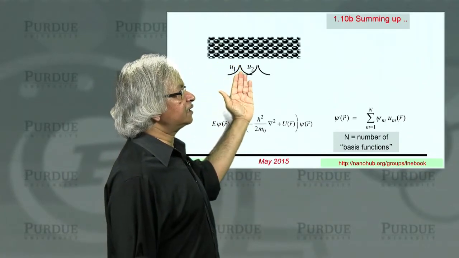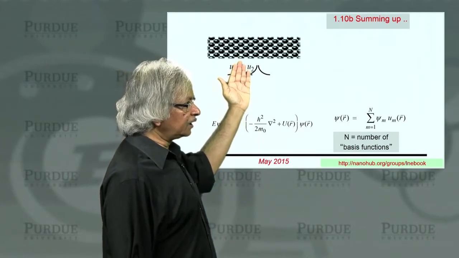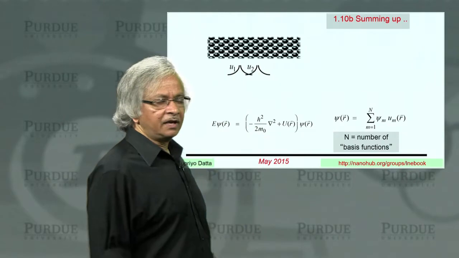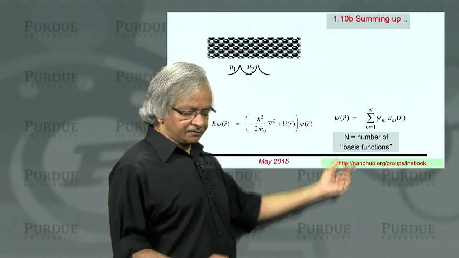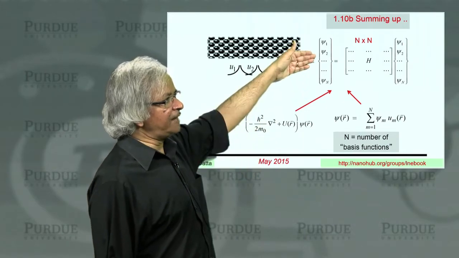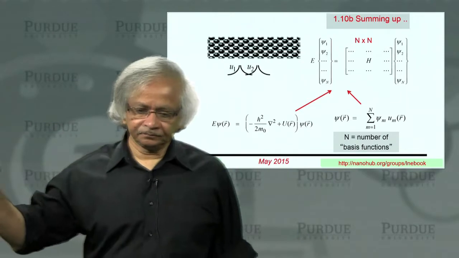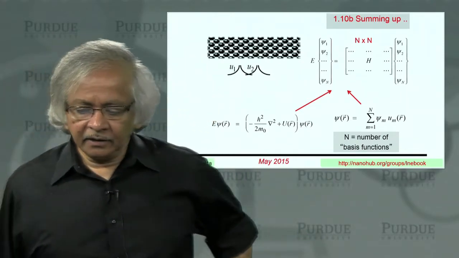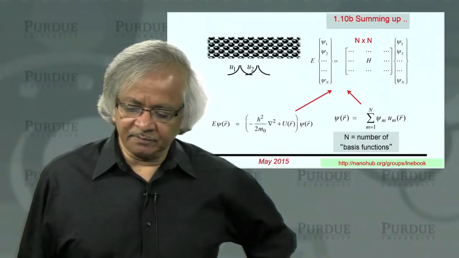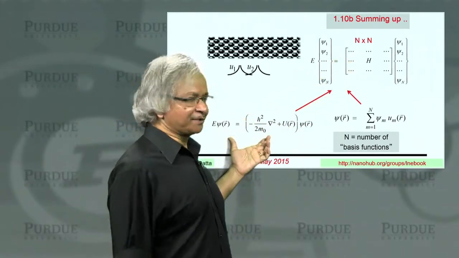And the thing is, you take all these basis functions, a few localized around each atom. And overall, if you have n basis functions, then you can turn this Schrodinger equation into a matrix equation, where that matrix is n by n. And in the first principles method, of course, you would calculate the elements of this matrix from first principles.